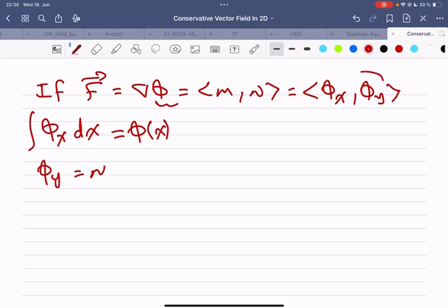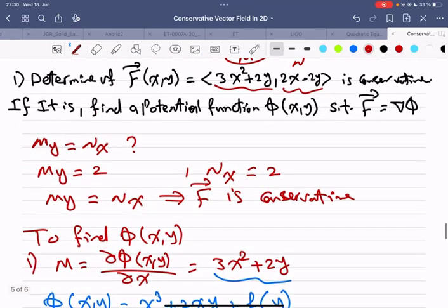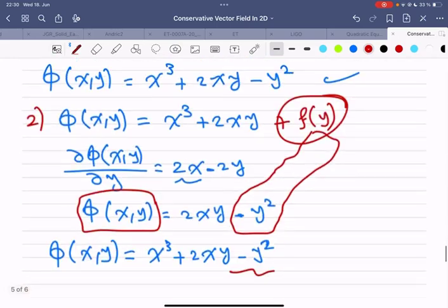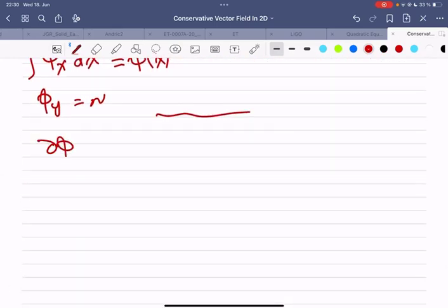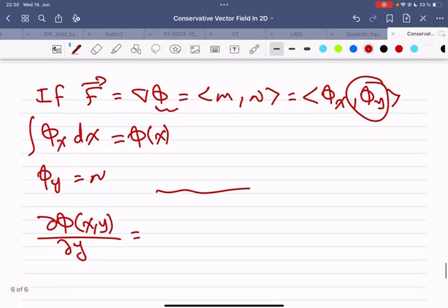You can start with phi y instead of starting with phi x. So for example, in this example, we can start with n, 2x minus 2y: d phi xy by dy equals 2x minus 2y.